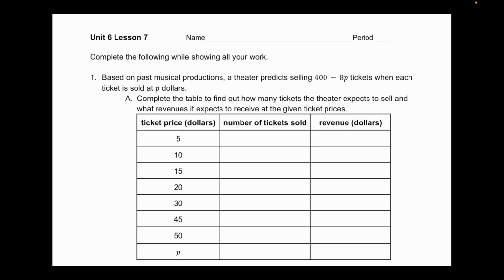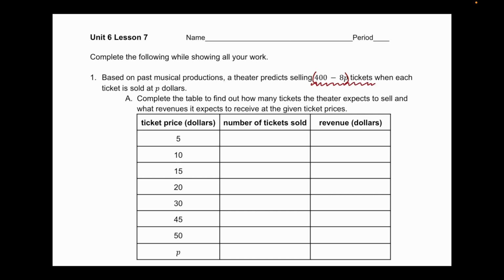Let's read our question here. Based on past musical productions, a theater predicts selling 400 minus 8p tickets. Just to clarify what they mean, this entire expression is the number of tickets.